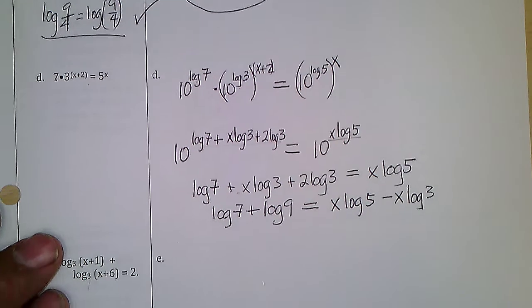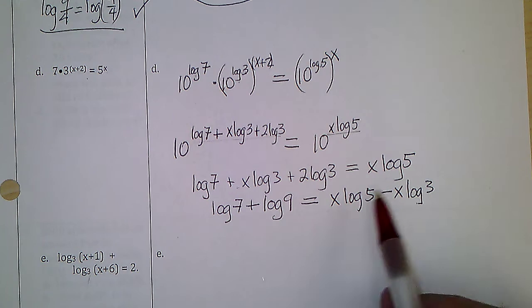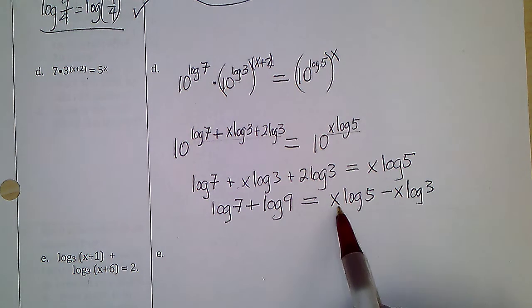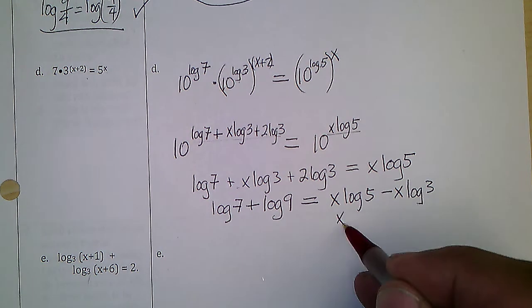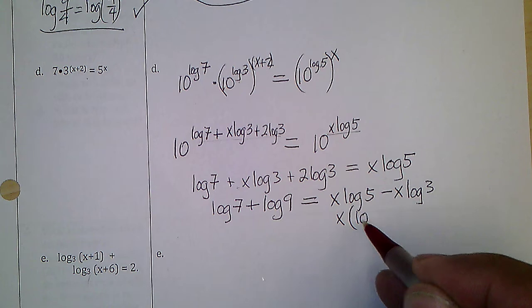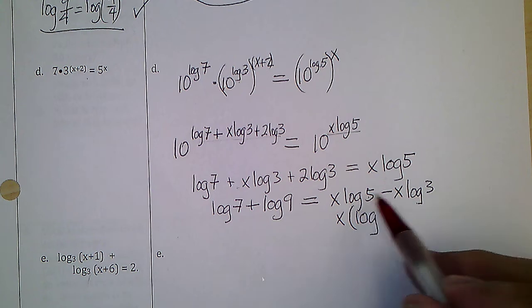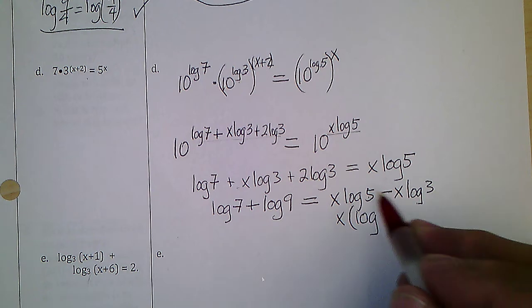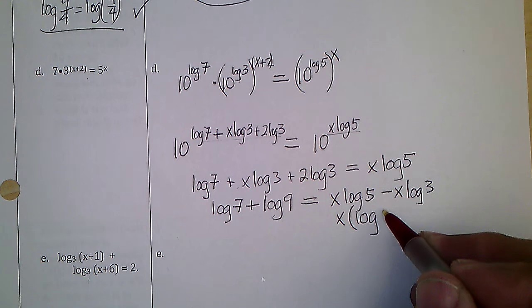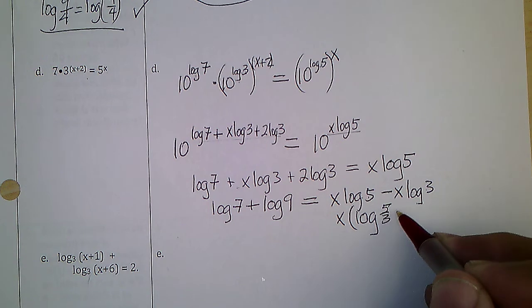And if I'm trying to solve for x, I can factor it out of these two and write this as x times log of 5 minus log of 3. But when you're subtracting, that becomes log of 5 divided by 3.